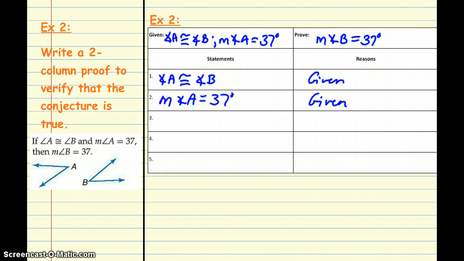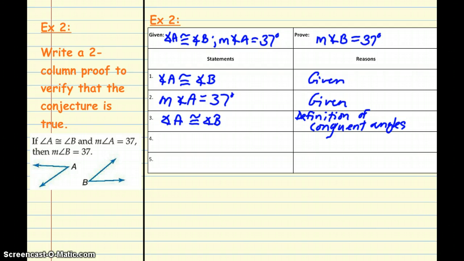From here, I know that angle A is congruent to angle B, and this is from my definition of congruent angles. And it's also given to us.